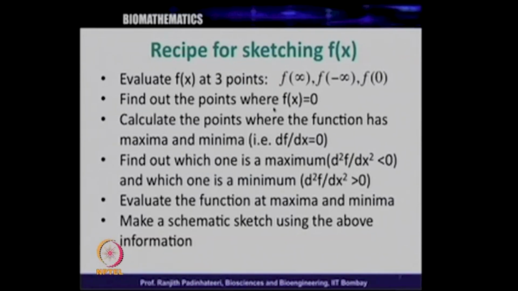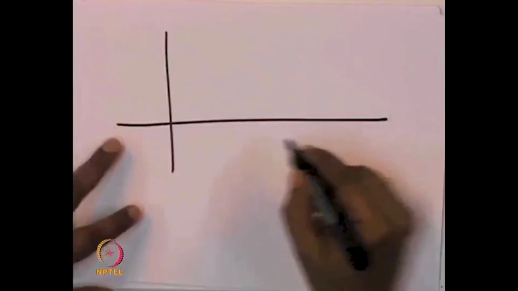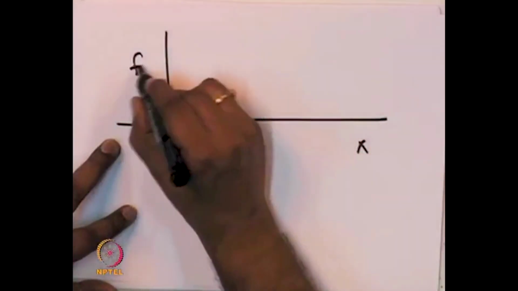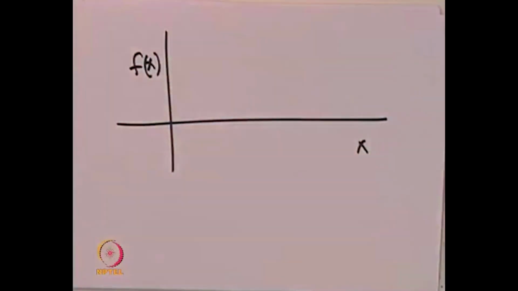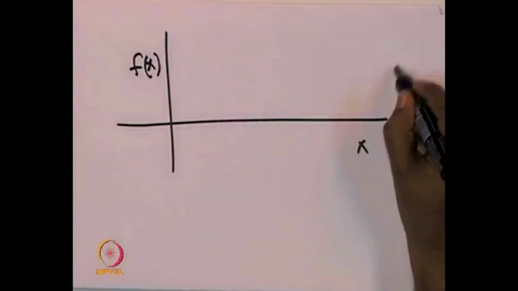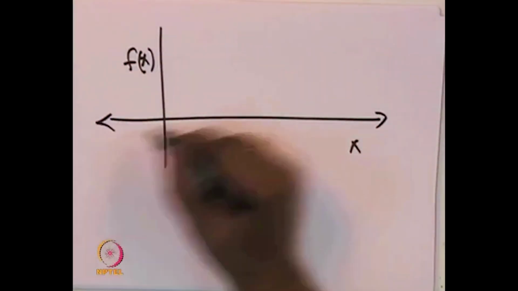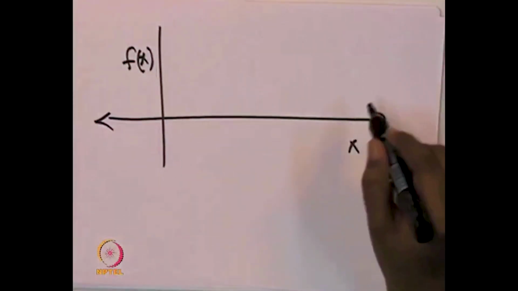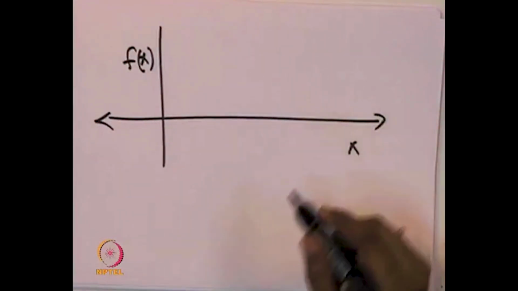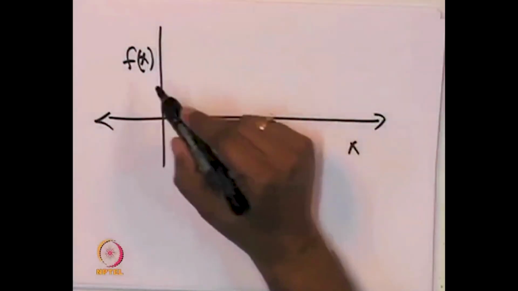So, let us say you have any function. This is x and this is f of x, or y. First we find out the value of f of x as we go to infinities, and then second we find out for what value of x this f of x will be 0.